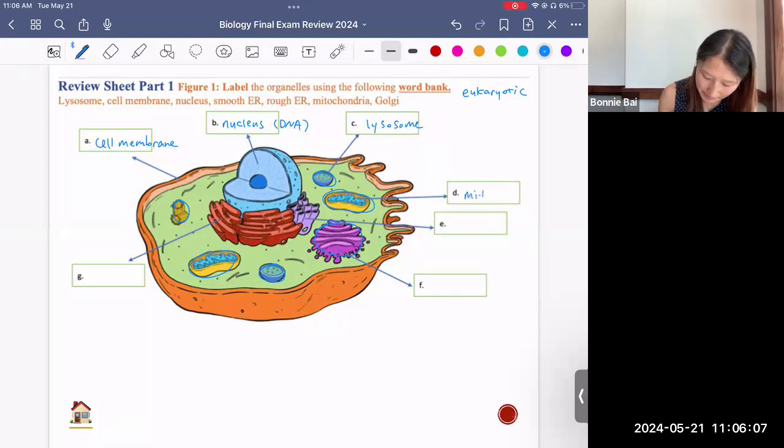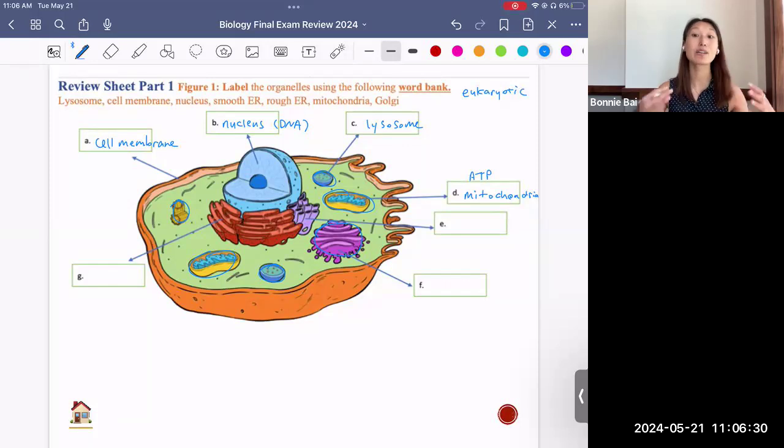D is the mitochondrion, or if you make it plural, you can write the word mitochondria. Okay, so we only have enough space for mitochondria, so that's what I'm going to write. The mitochondria are used to produce ATP. You don't just want to say mitochondria is the powerhouse of the cell, but what does that mean, right?